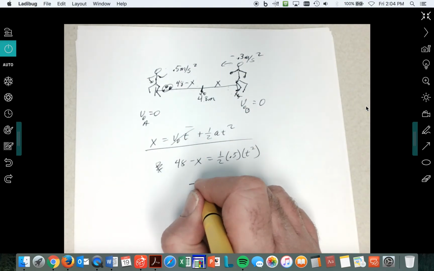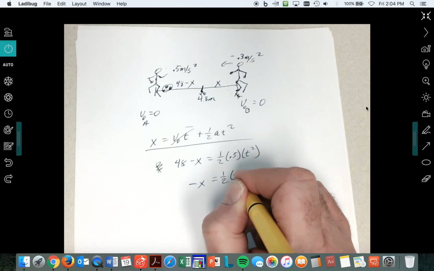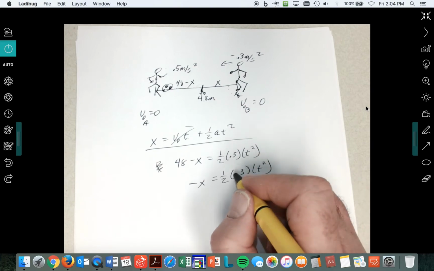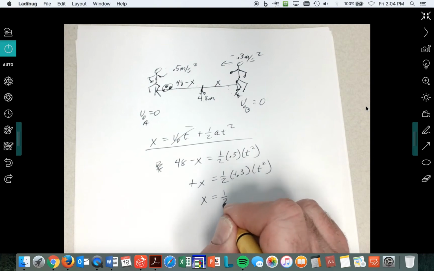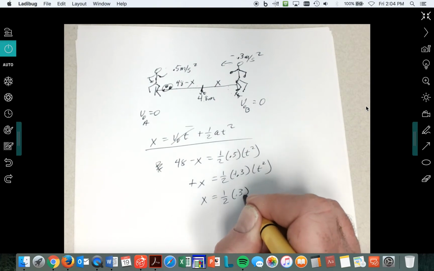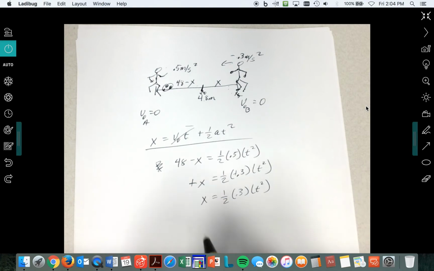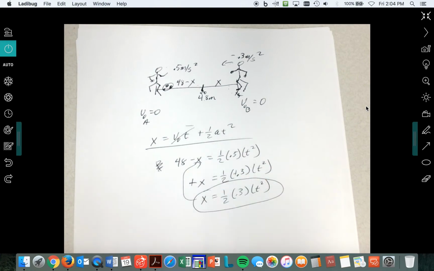So we'll say negative x is equal to 1/2 times negative 0.3 times t squared. Oh, wait, look at that, the negatives cancel, so I've got x is equal to 1/2 0.3 t squared. Aha! I take this value, stick it in here, and there we go.